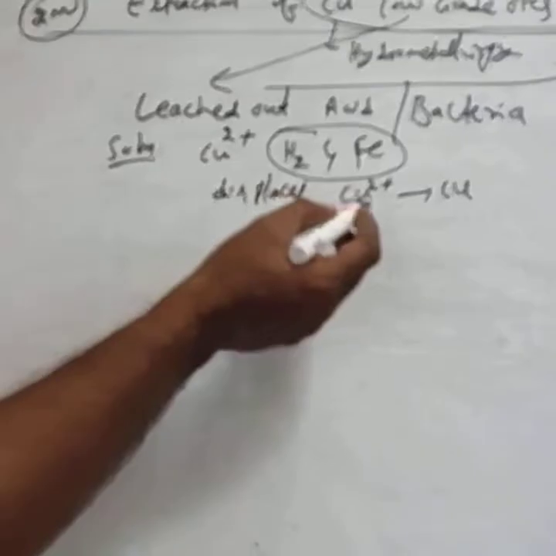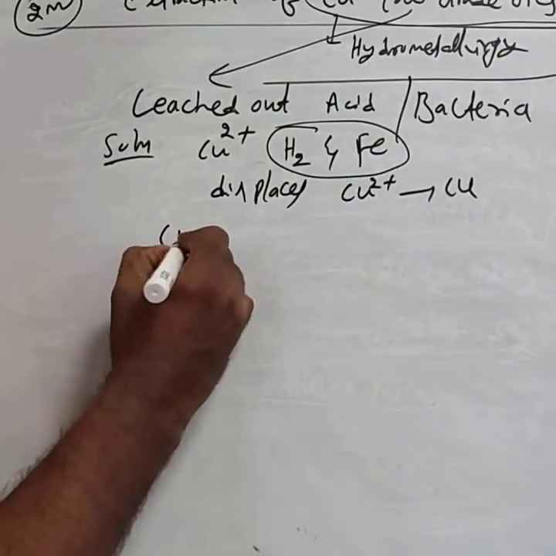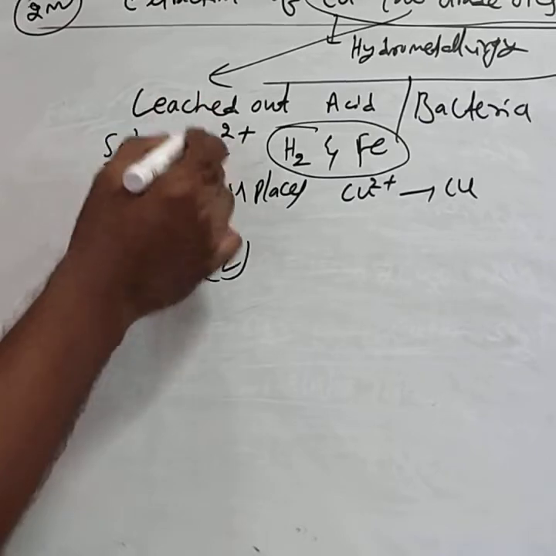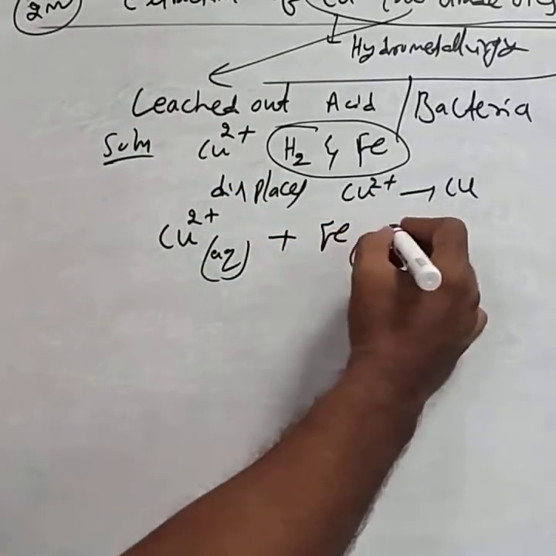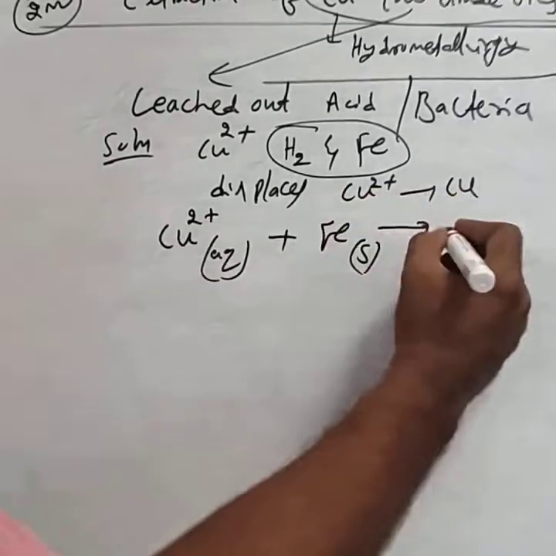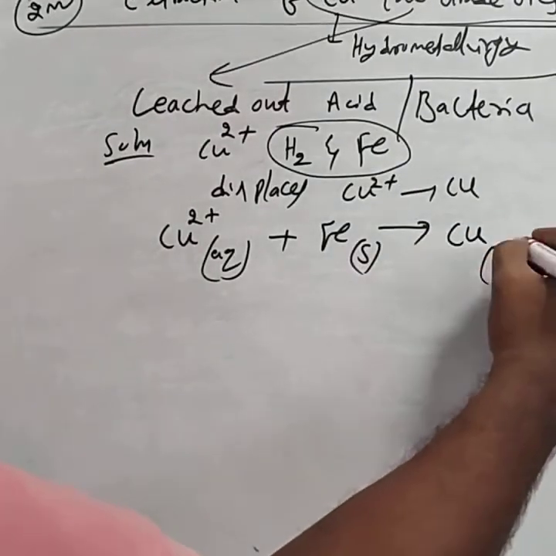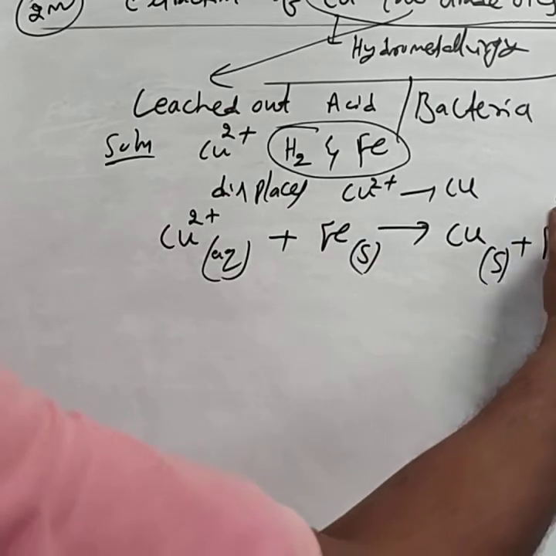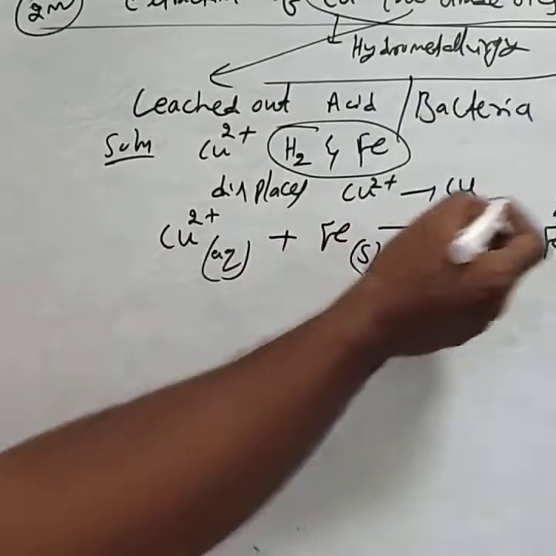You have to write the reaction either by using hydrogen or by iron. Cu2+ aqueous, in the solution state, reacts with iron solid. Then iron displaces the copper from the solution. Cu2+ is converted into Cu solid, and iron Fe gets oxidized to Fe2+ and is present in the aqueous solution.